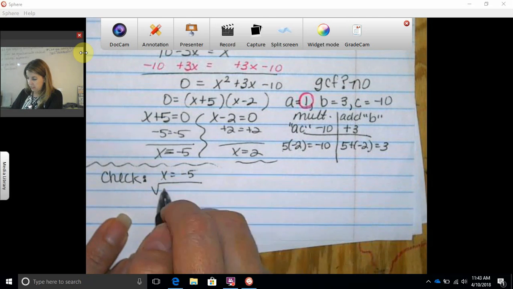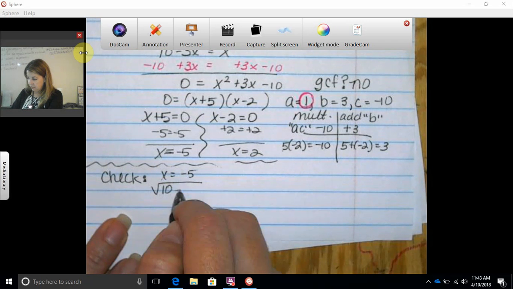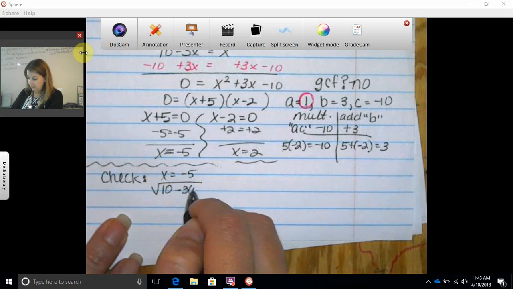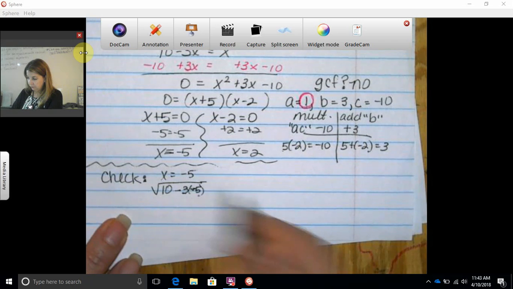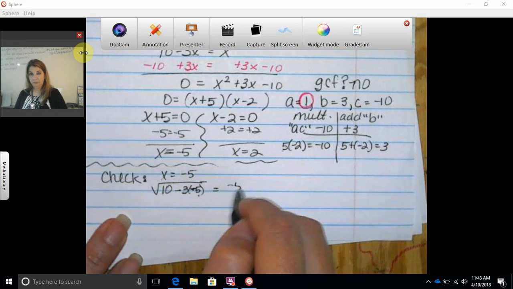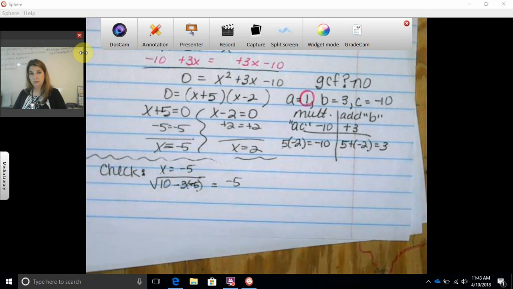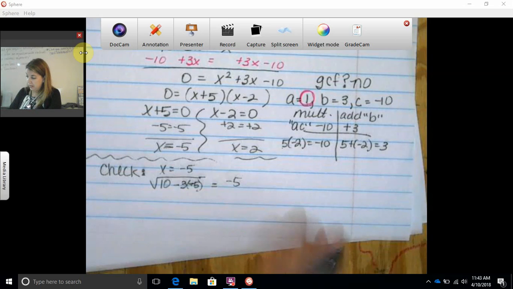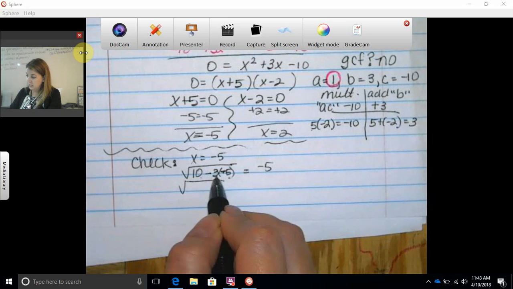So I have the square root of 10 minus 3 times negative 5 equals negative 5.